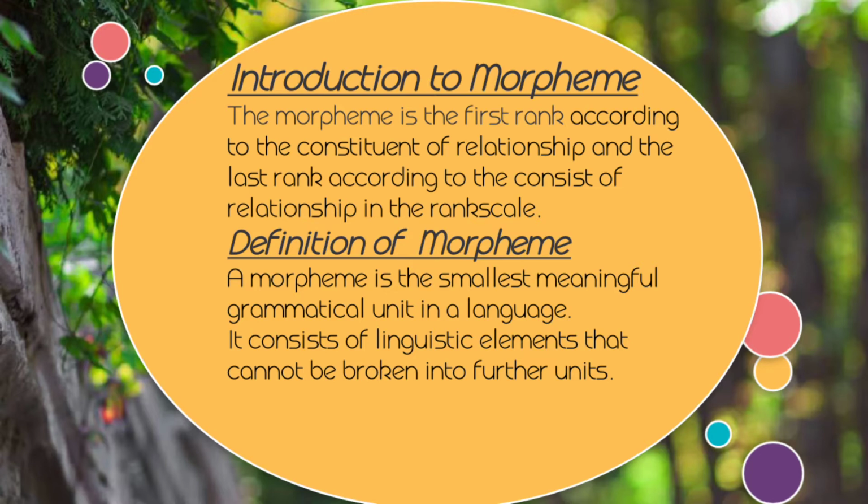Let's go into the definition of morphemes. A morpheme is the smallest meaningful grammatical unit in a language. It consists of linguistic elements that cannot be broken into further units, because it is the last rank or the last unit in the rank, so it cannot be divided any further.